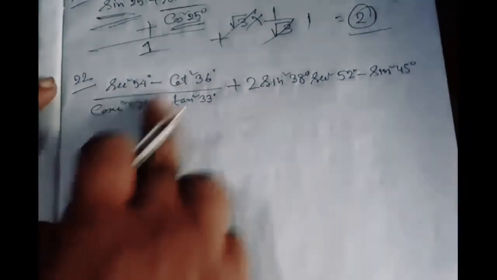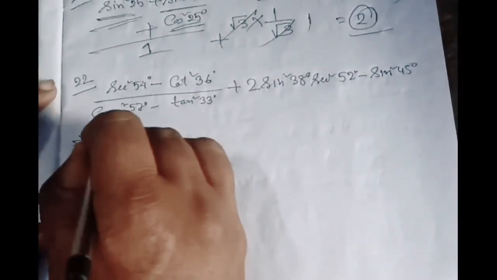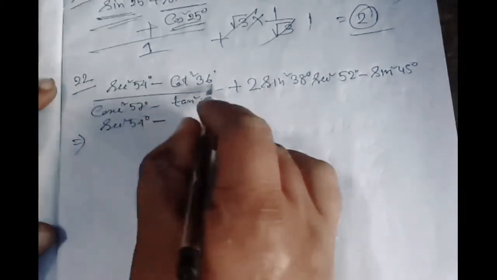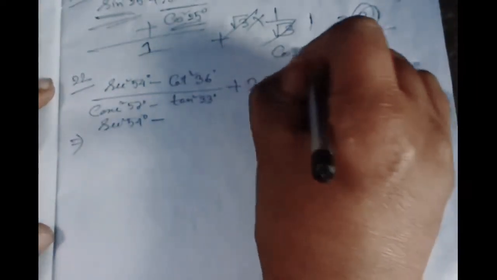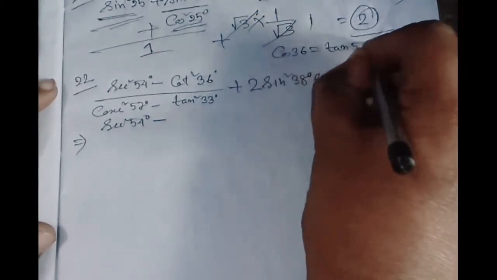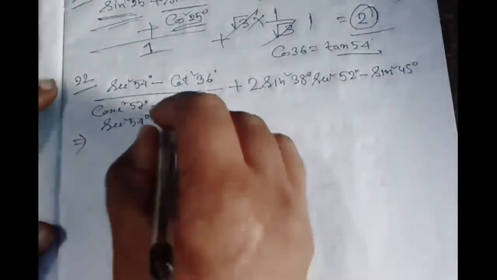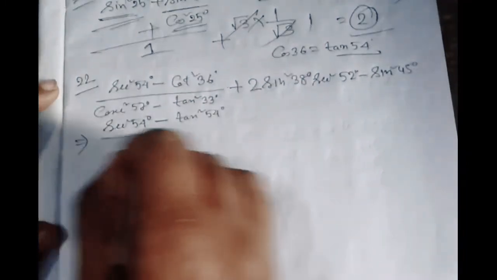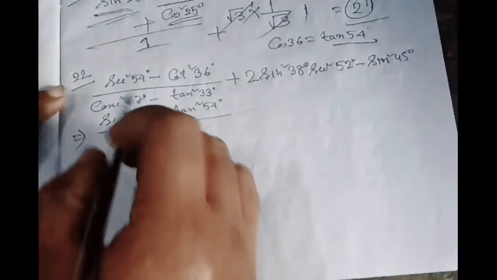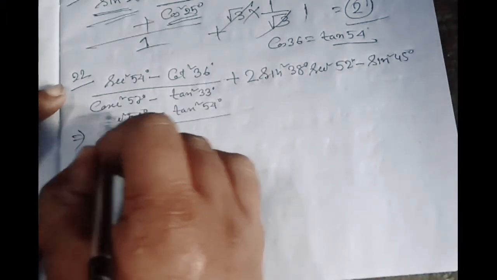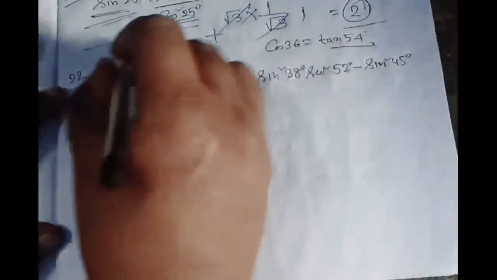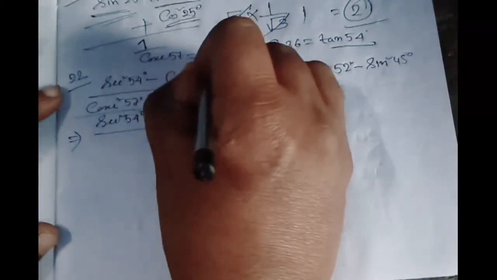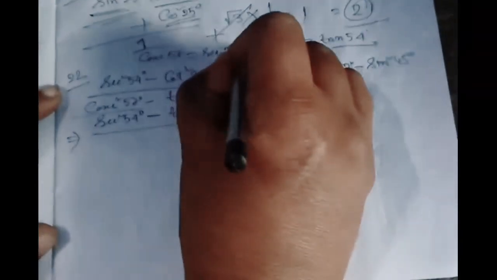So this is sec square 54 degree. Okay, cot 36 means tan 54. So this can be written as tan square 54 degree divided by, this is cosec 57, cosec 57 means sec 33 degree.